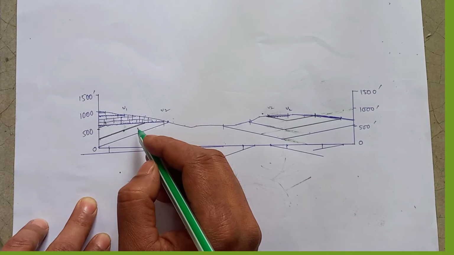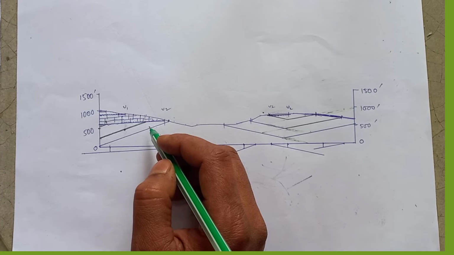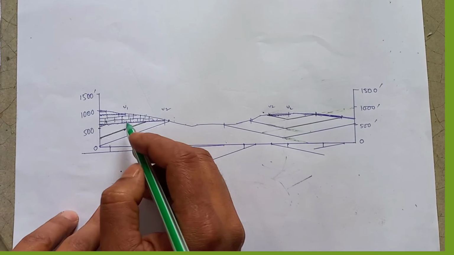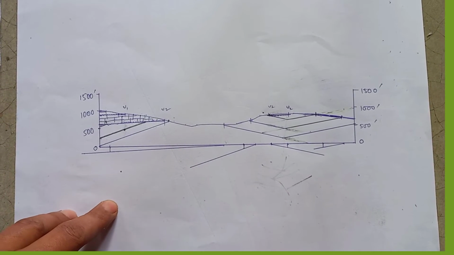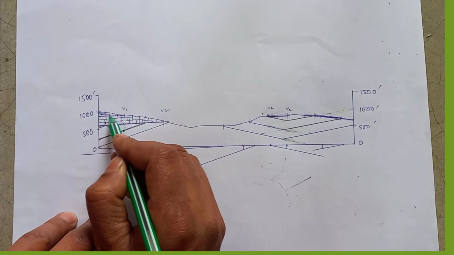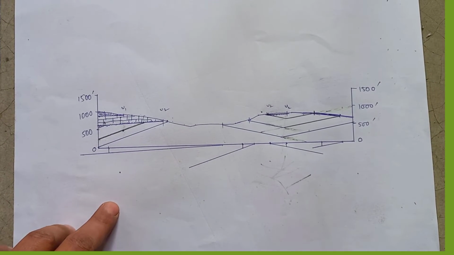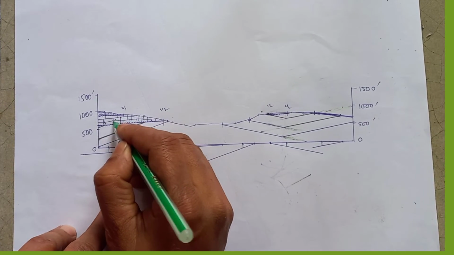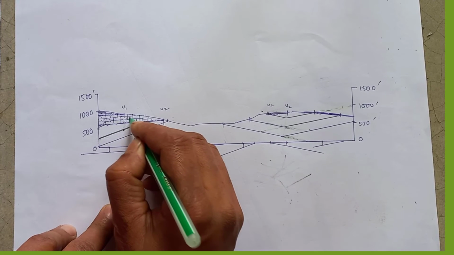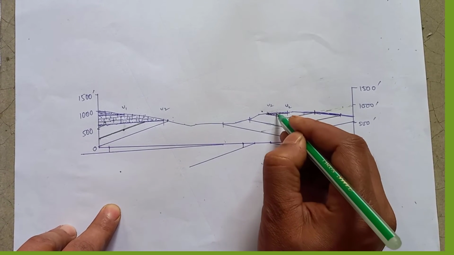And this is the unconformity one. This is a brick symbol. Oh, by mistake I have done it. It was dot dot dot dot. This is dot dot dot dot dot dot dot dot.